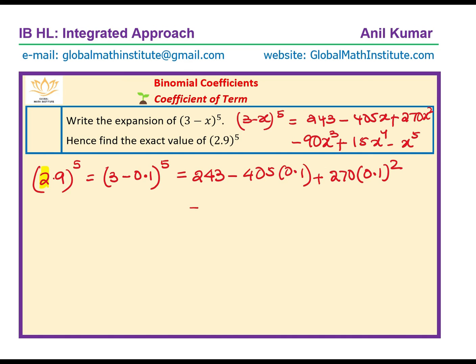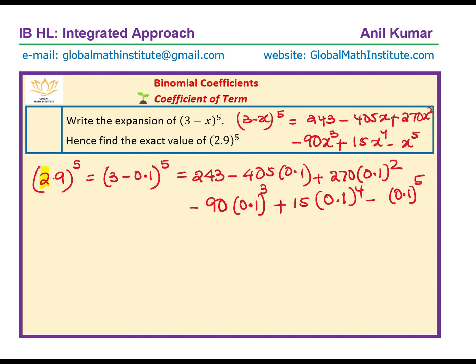Minus 90 times 0.1 cubed plus 15 times 0.1 to the power of 4. You see that, right? So these are very small terms, right? You could neglect them, do the first 3 or 4. You are going to get a fairly good value. And then you have 0.1 to the power of 5 to be reduced. That is it. Now use a calculator, calculate all these values.